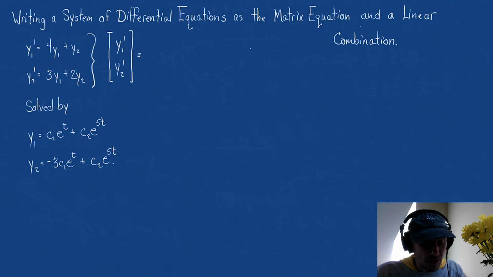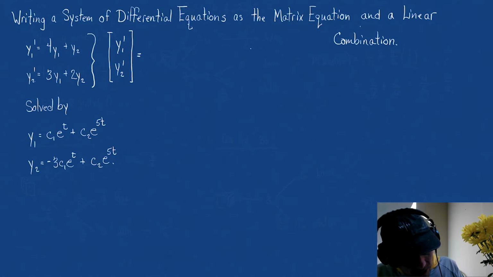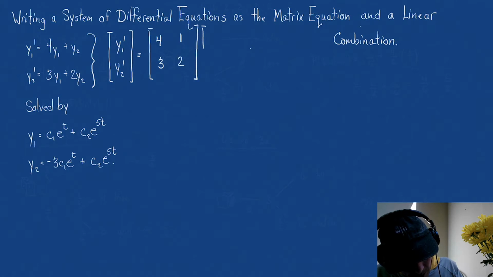Or you could think of this as the vector 4, 3 that has a weight of y1. Well, that just gives me the matrix of 4, 3. That's my first vector. My second vector is 1, 2. And then my vector of coefficients is the vector y1, y2.